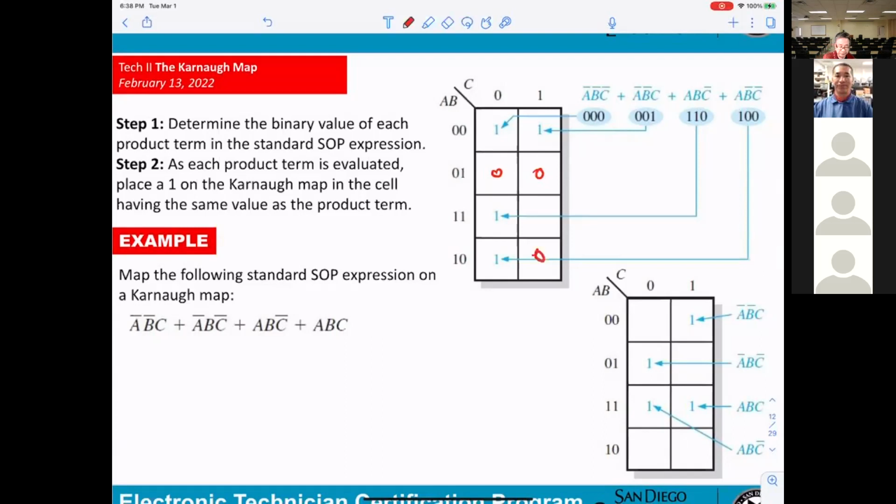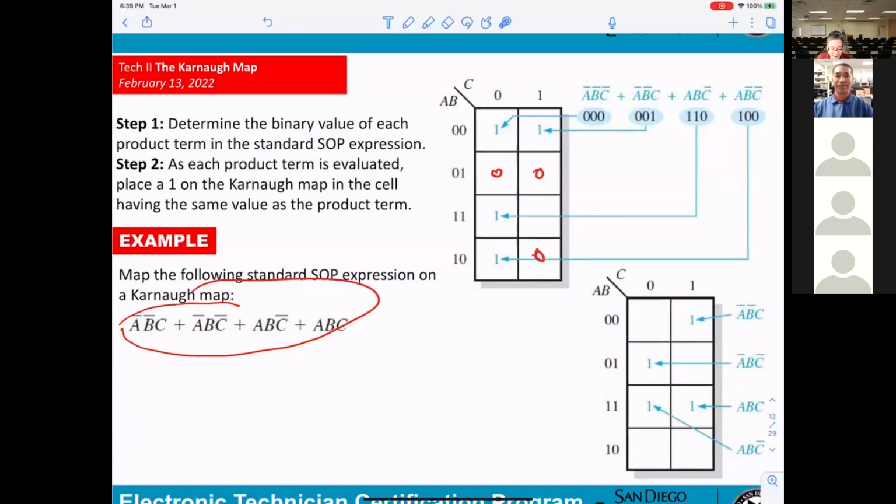Mr. Pham, could you please explain again the first example that you have there? I'm talking about the example here. You get this equation, and they want you to map it into the K-map. First thing I look at, I know I get 4 logic 1s in the K-map.